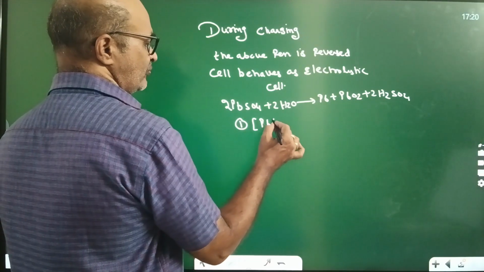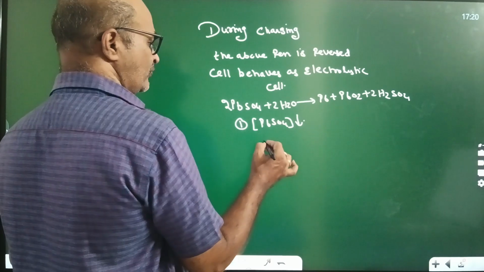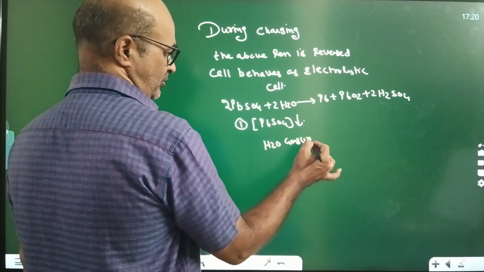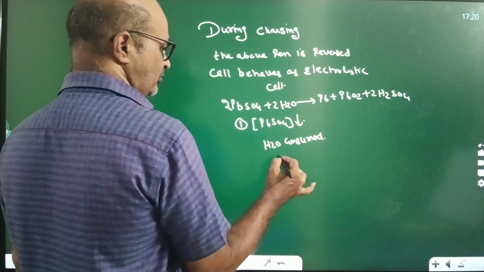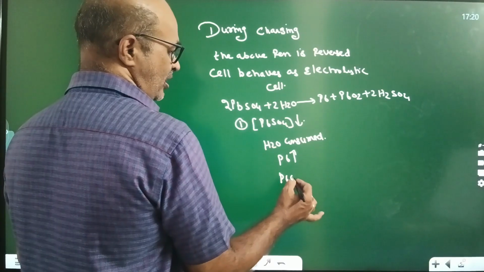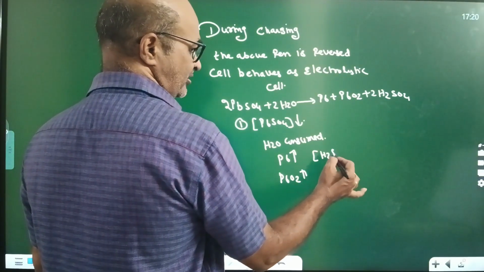So here the concentration of PbSO4 decreases, H2O is consumed. Lead concentration increases. PbO2 concentration increases. Sulfuric acid concentration increases.